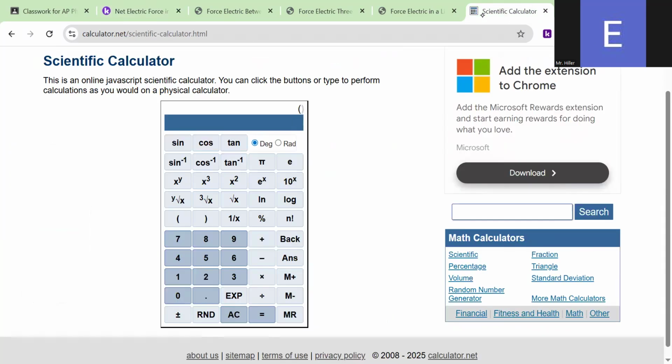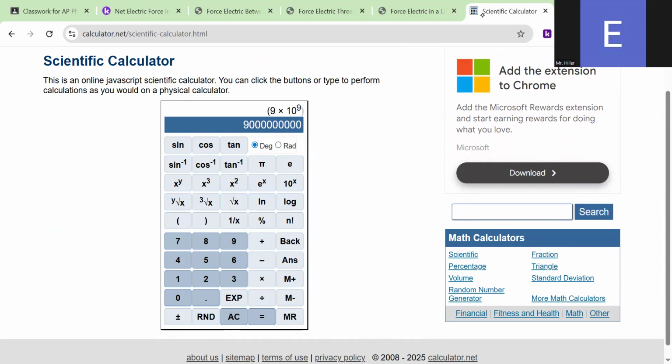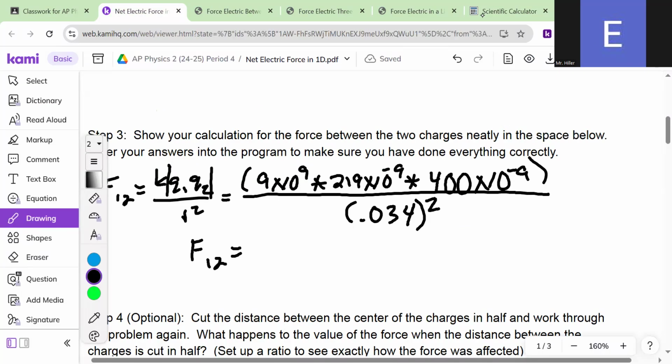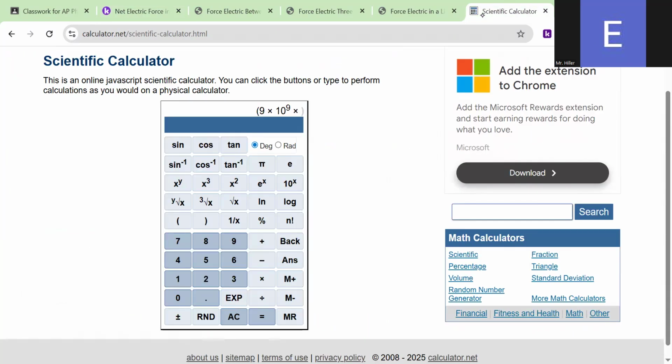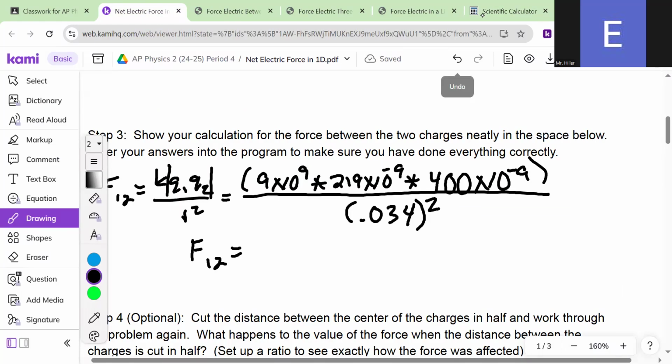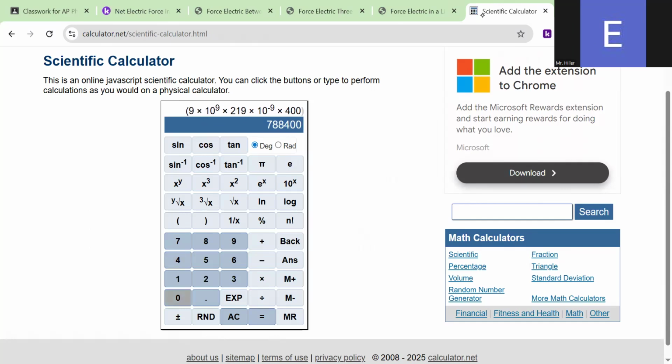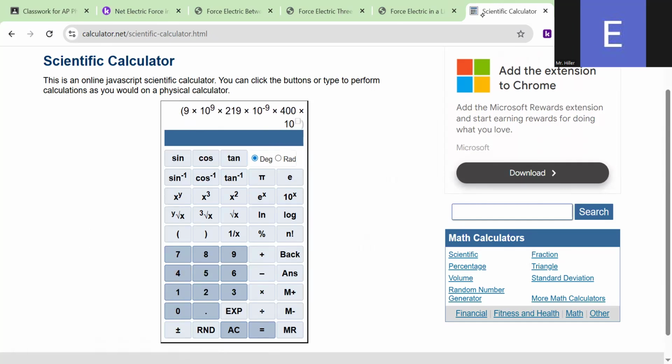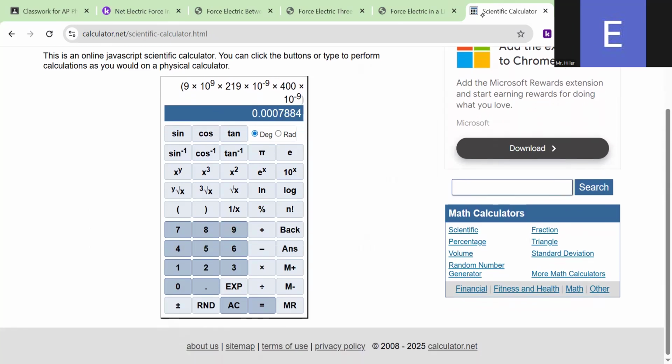Okay, let's run this calculation. I'm going to go open parentheses, 9 times 10 to the 9 times 219 times 10 to the negative 9 times 400 times 10 to the negative 9.